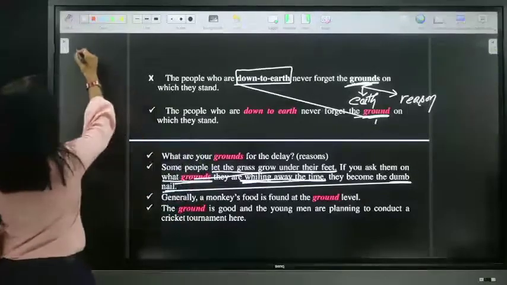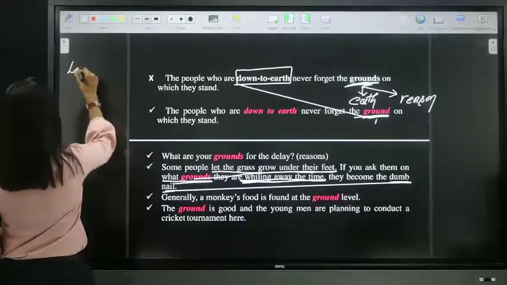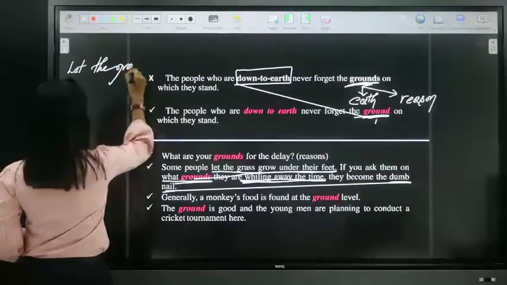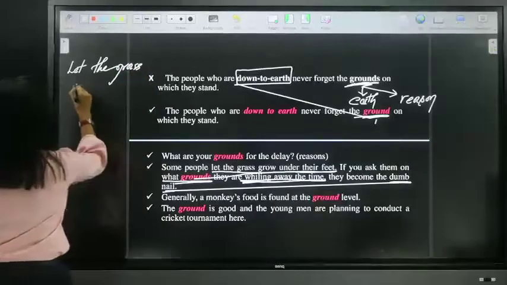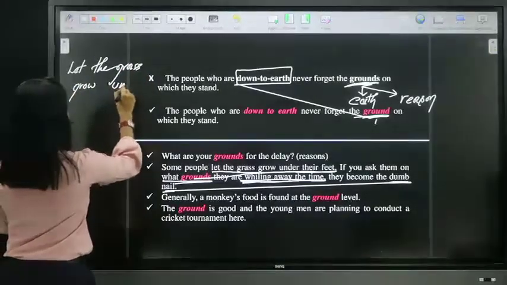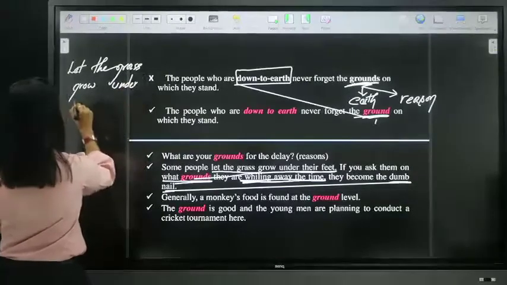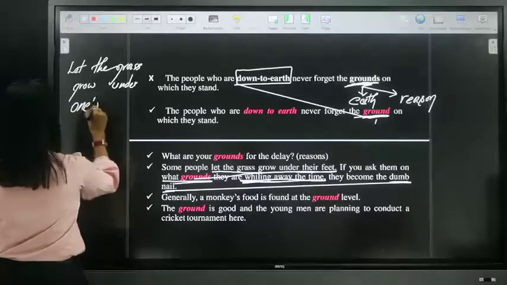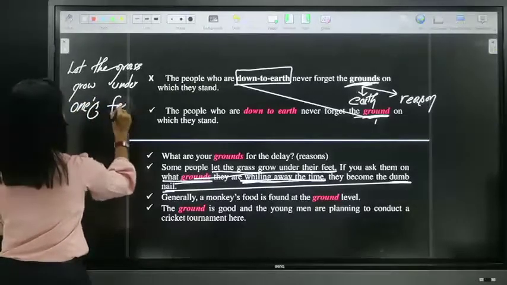What is meant by let the grass grow under one's feet?